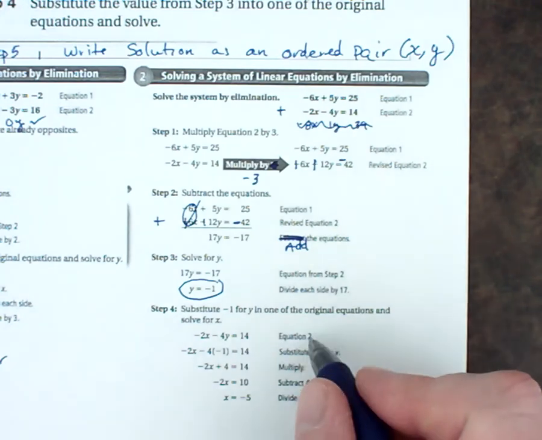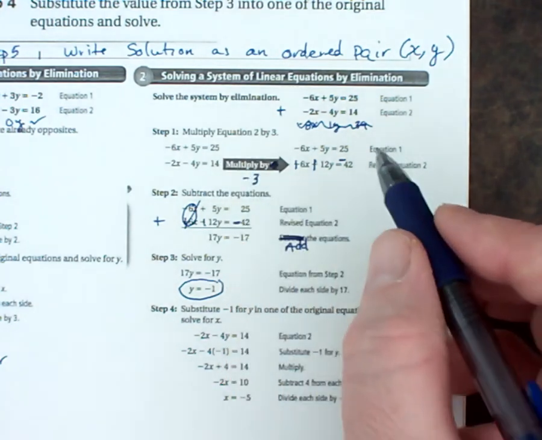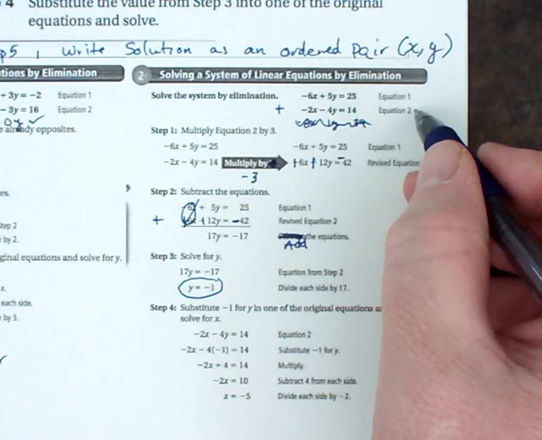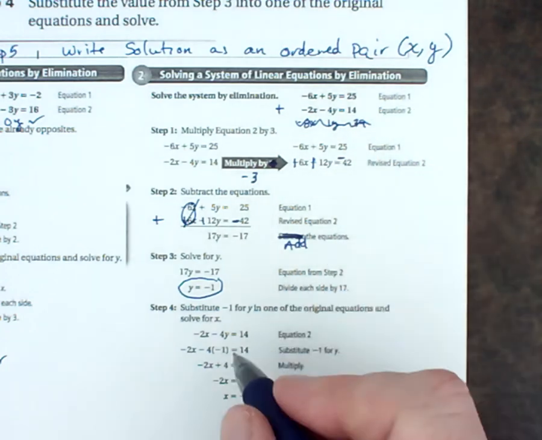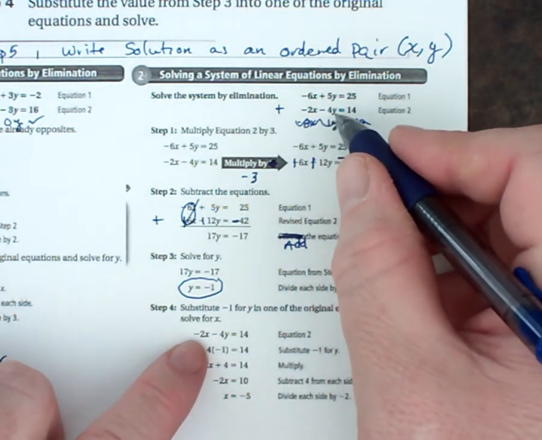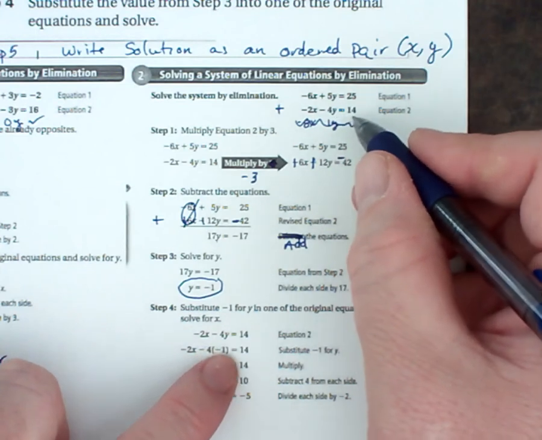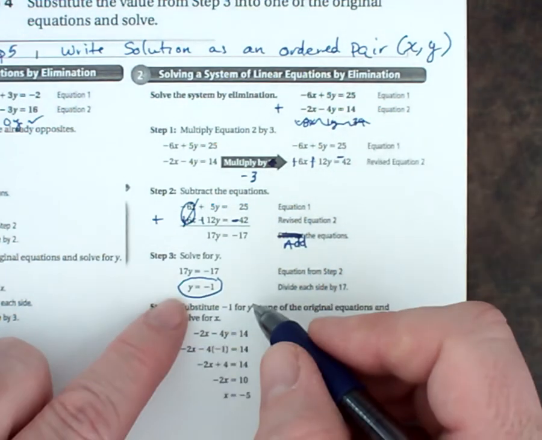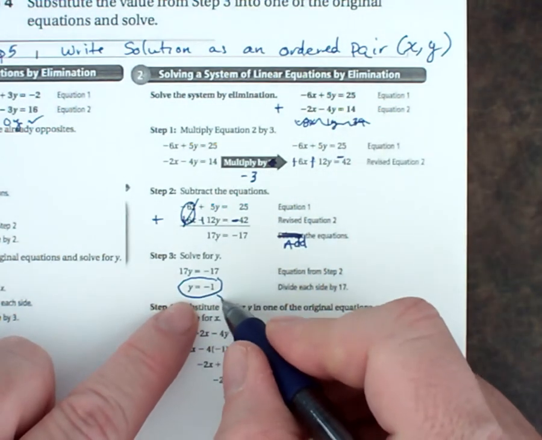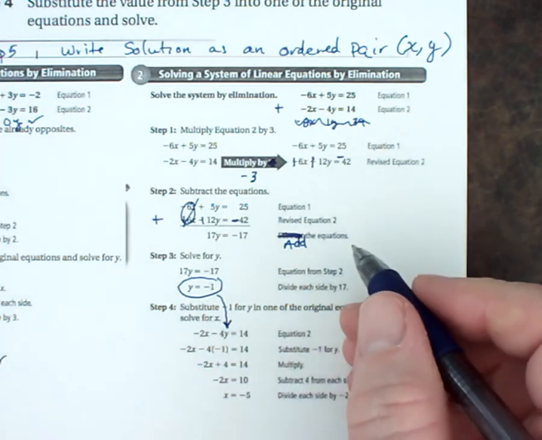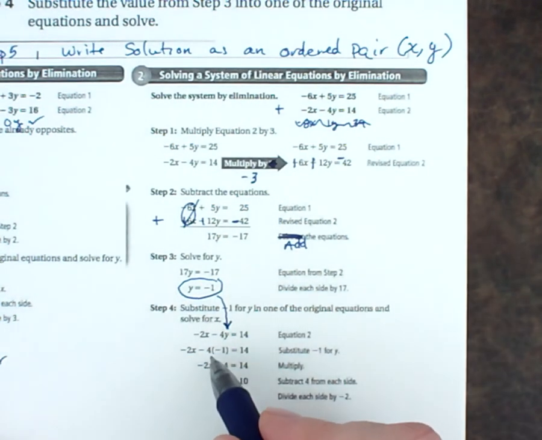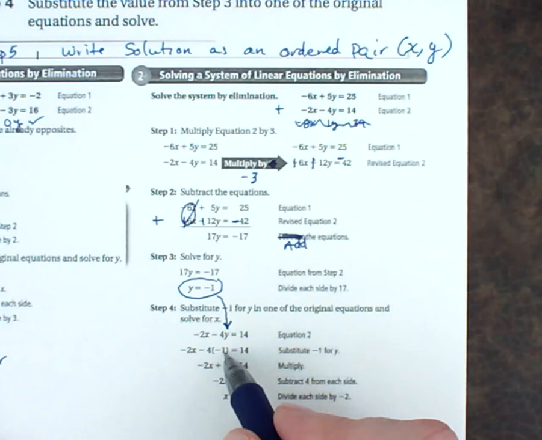And then they picked equation 2 to substitute in, way up here, which is negative 2x minus 4y equals 14. Now they know the value of y, so you can substitute it in. Negative 2x minus 4 times negative 1 is positive 4.